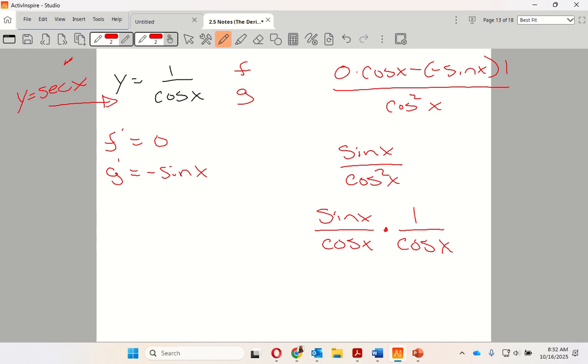Okay, so the way that we normally read this is, what is sine over cosine? So this is tangent, times, what is 1 over cosine? Secant. Normally they put the secant first, so I'll put it here because that's normally how you see it.